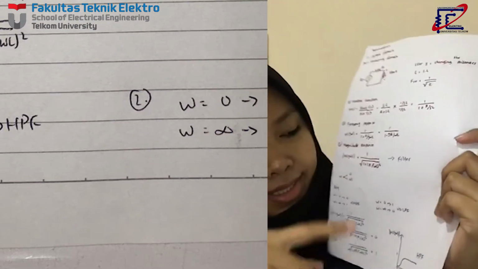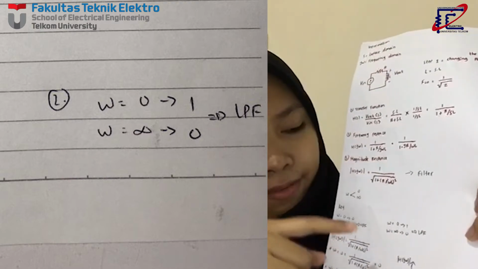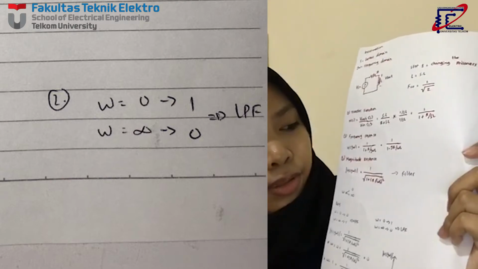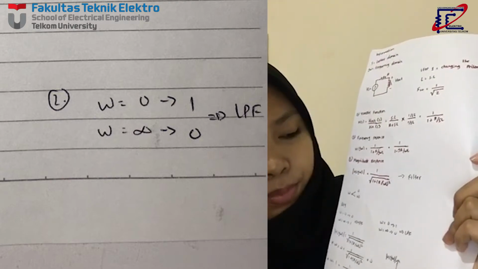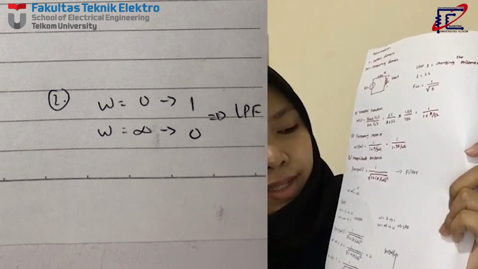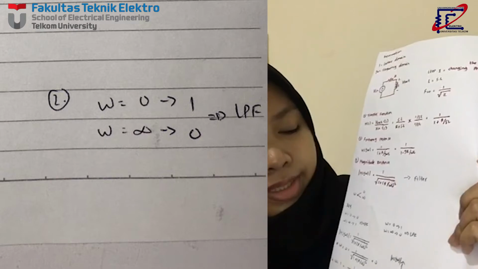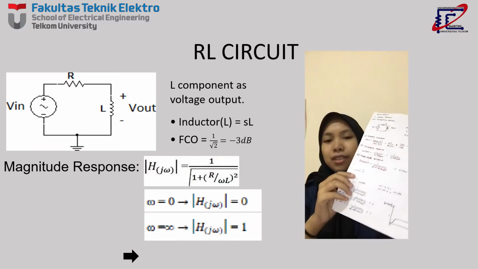The second case is if we input omega is 0, we get magnitude response 1, and if we input omega infinity, we get magnitude response 0, so we get a low-pass filter.